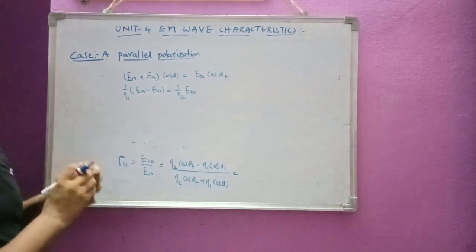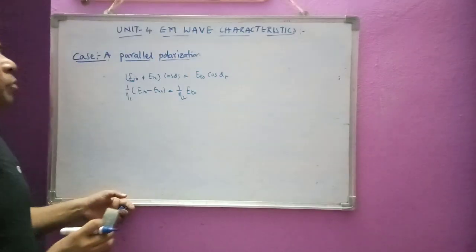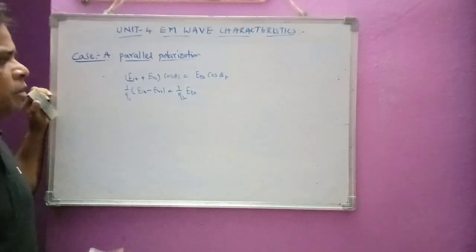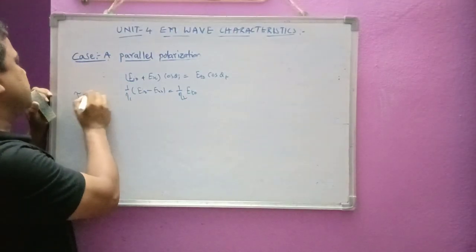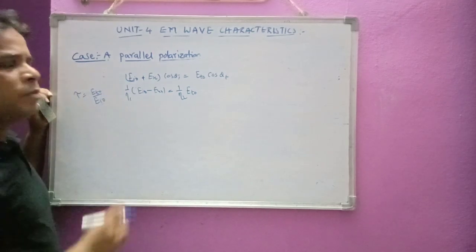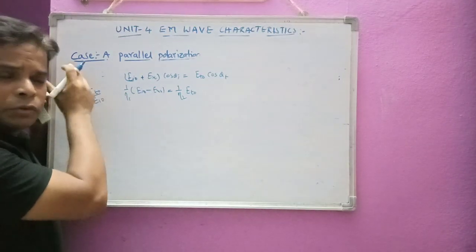Now I have to remove ER0 from these equations. For tau, we know that it is ET0 by EI0, so we have to remember this and remove the ER0.